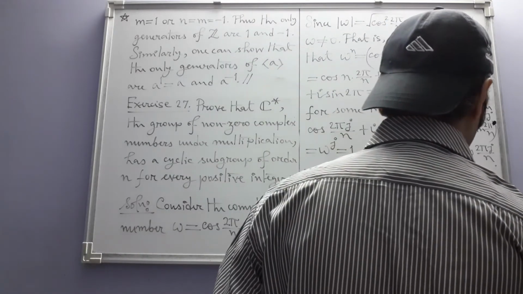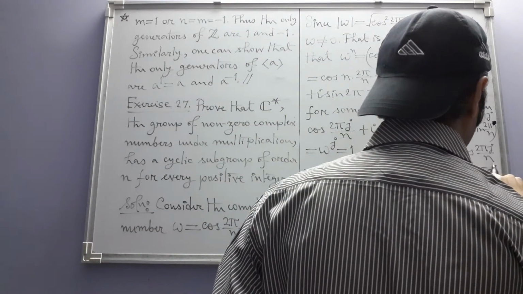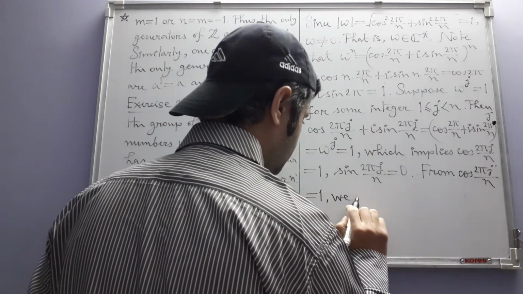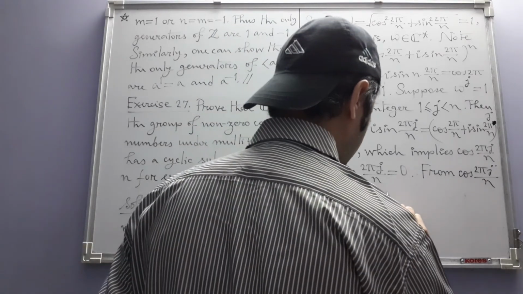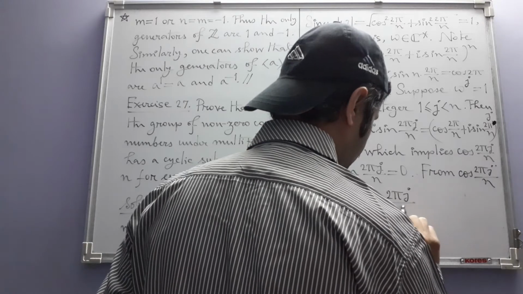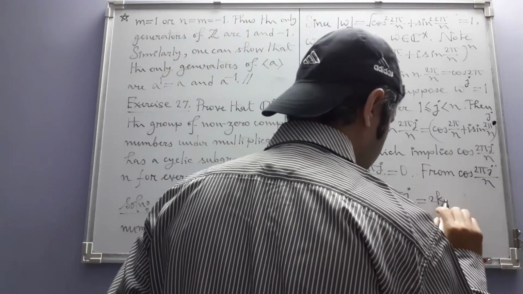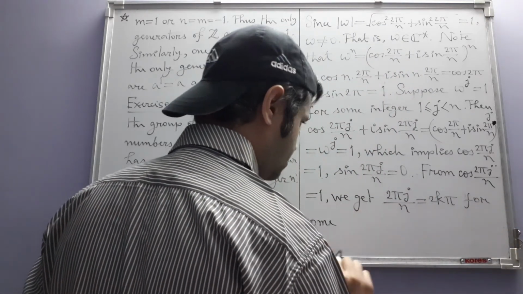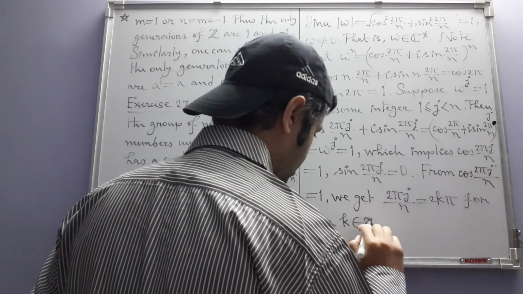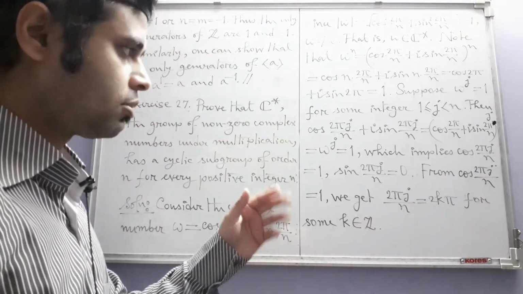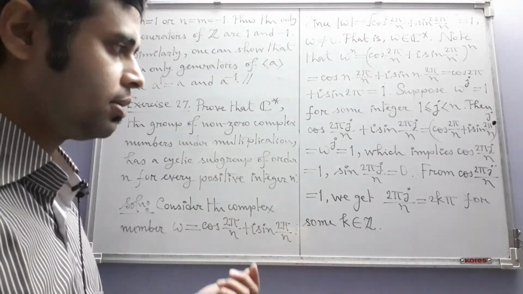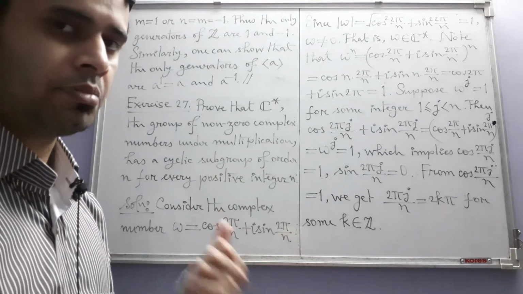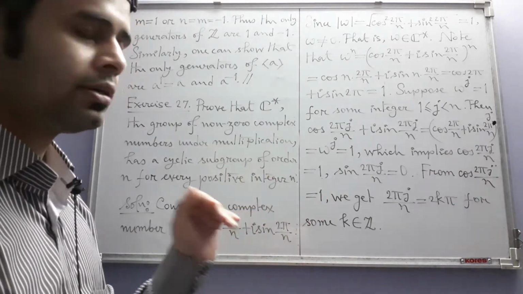From cos 2 pi j divided by n equal to 1, we get 2 pi j divided by n equal to 2k pi for some integer k. cos theta is 1 if and only if theta is an even integral multiple of pi, or if and only if theta is an integral multiple of 2 pi.